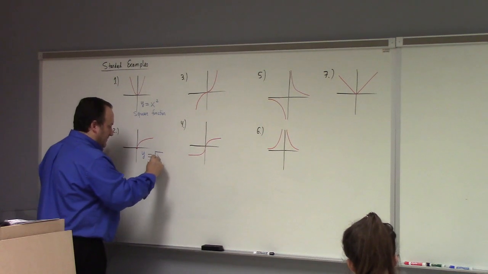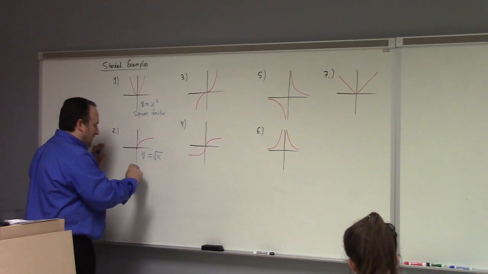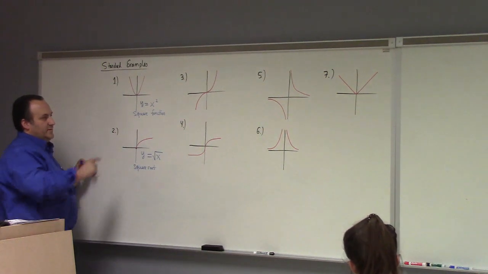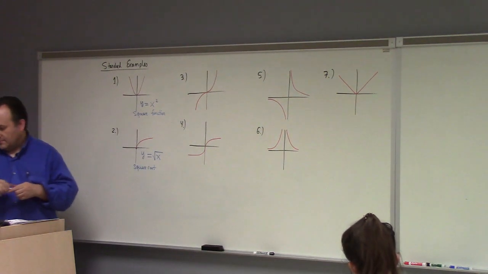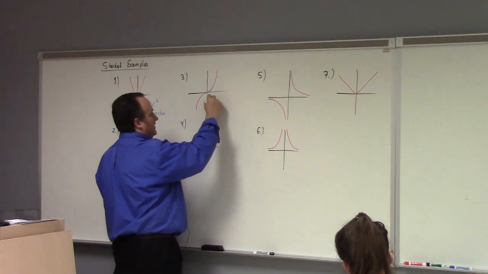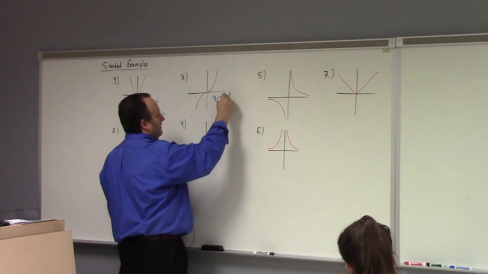Square root of x. This is the square root function. What's this one? I heard an x cubed. That would be correct. And we call this one the cubic.